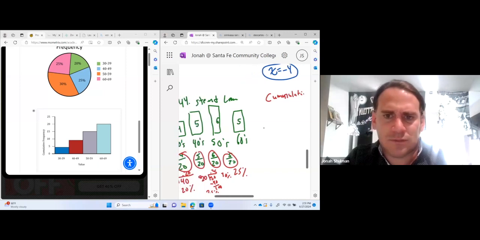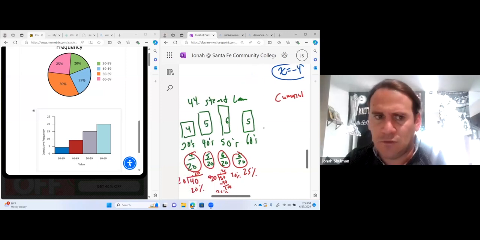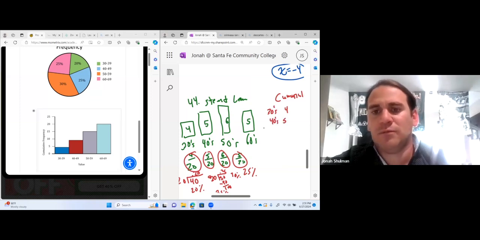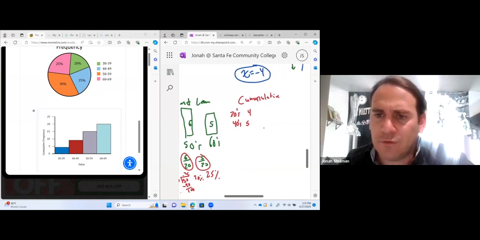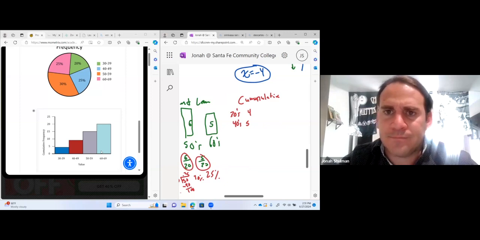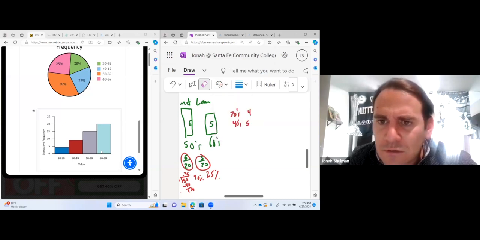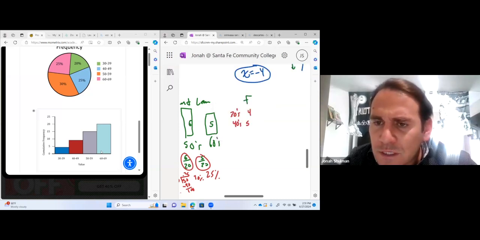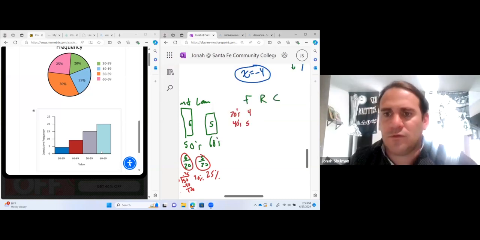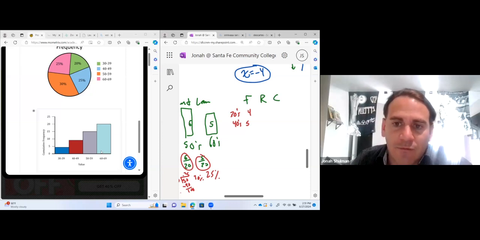So this means the first one is the 30s. We have 4. The 40s, we have 5. Let me make it better. So we'll do frequency, relative, cumulative. The frequency is just how many we have of it.